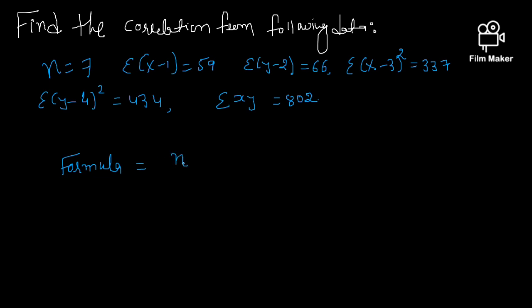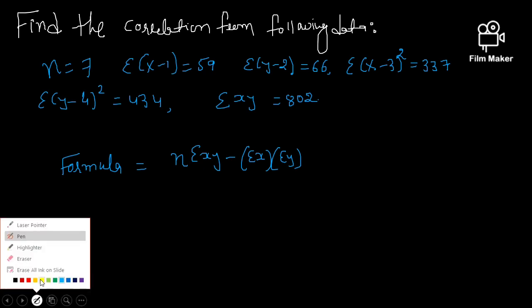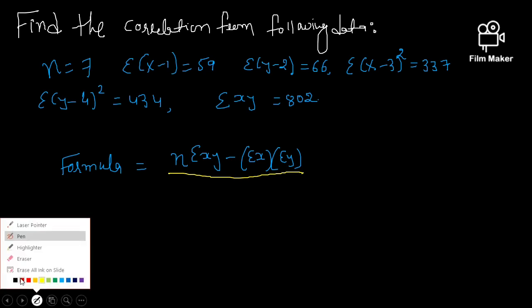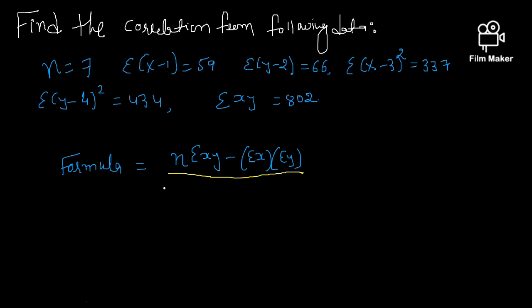So the formula which we can apply is n sigma xy minus sigma x into sigma y, divided by under root n sigma x square minus sigma x the whole square, multiplied by second bracket n sigma y square minus sigma y the whole square.